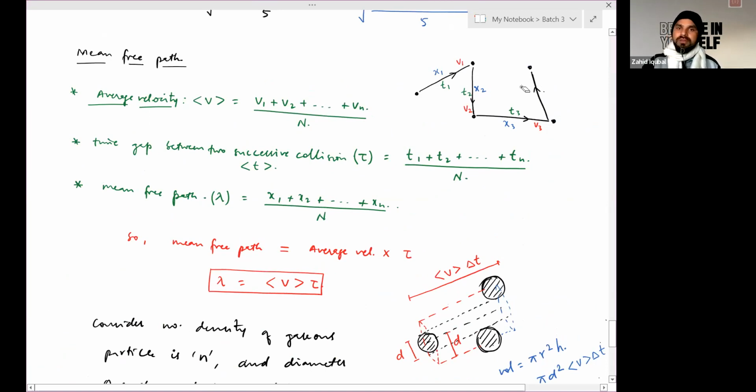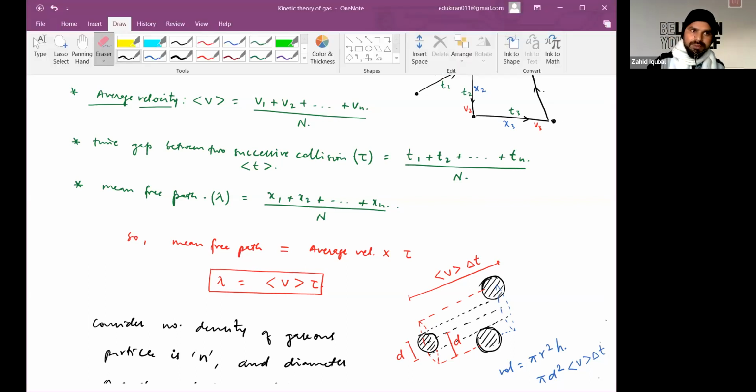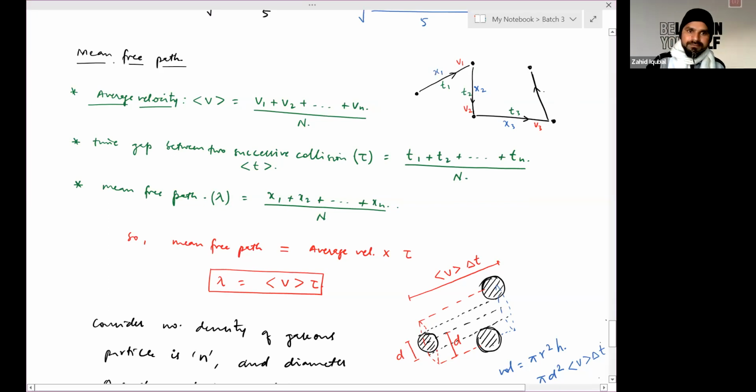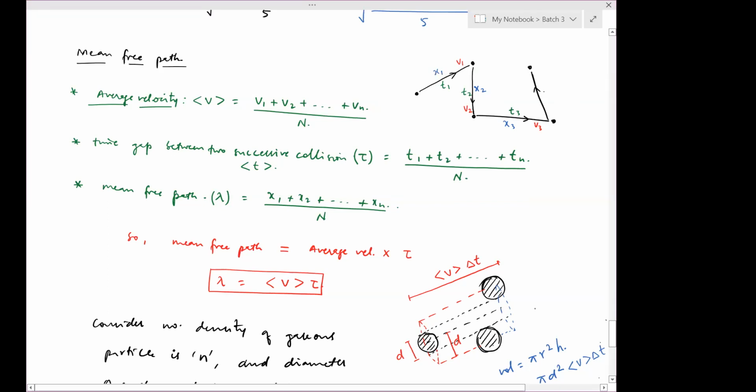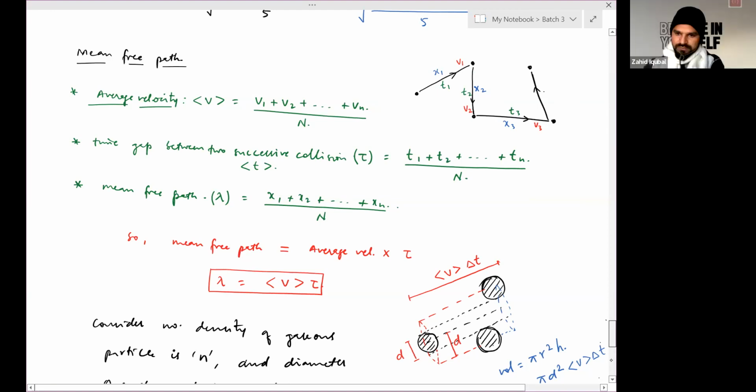So instead of assuming the rest of the particles to be at rest, it will be better to assume the average of the relative velocity between them. Is it clear? Abhinav, any doubt? No, sir. Okay.